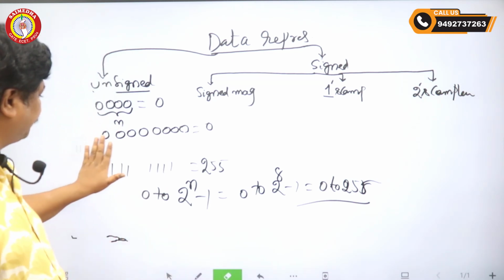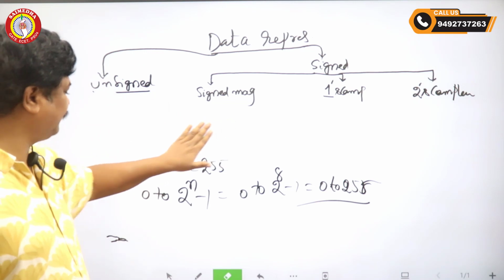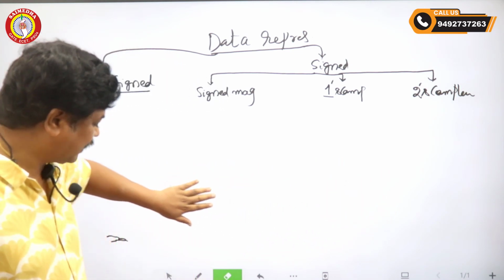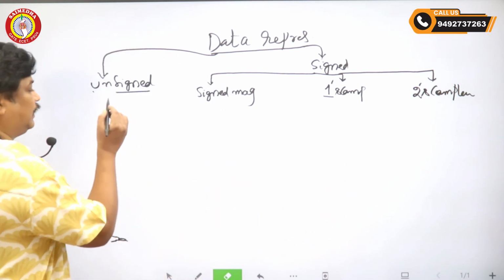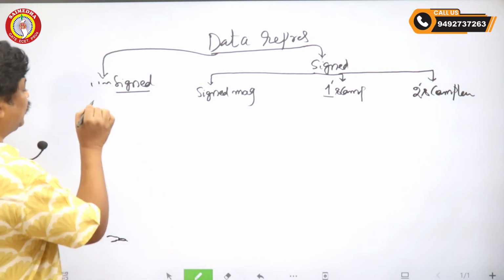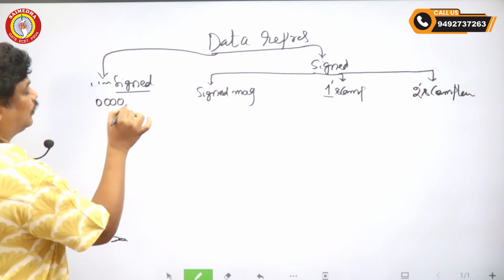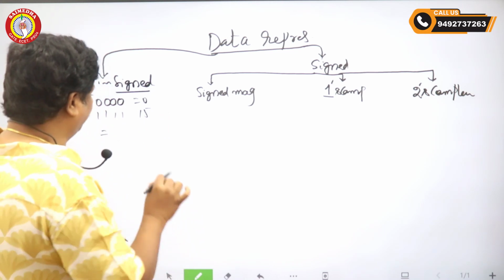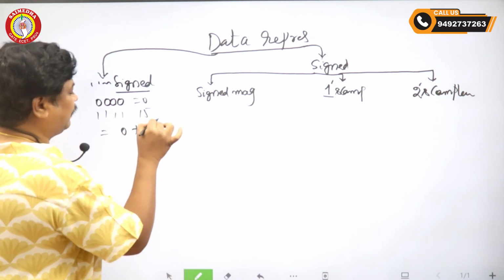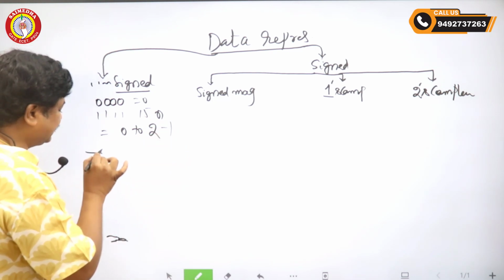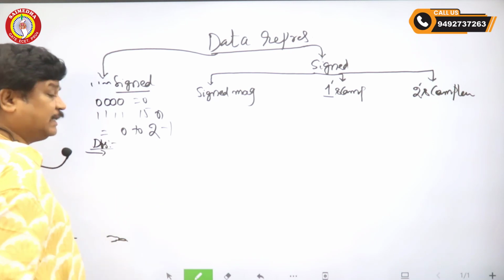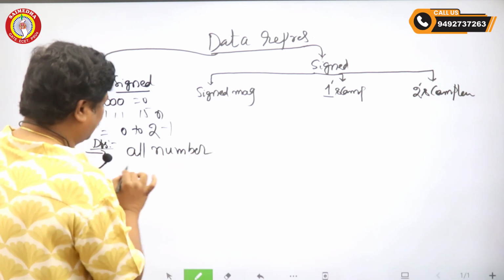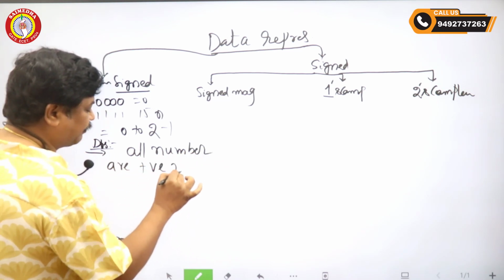So the main drawback of unsigned magnitude representation is that all numbers are positive numbers only.